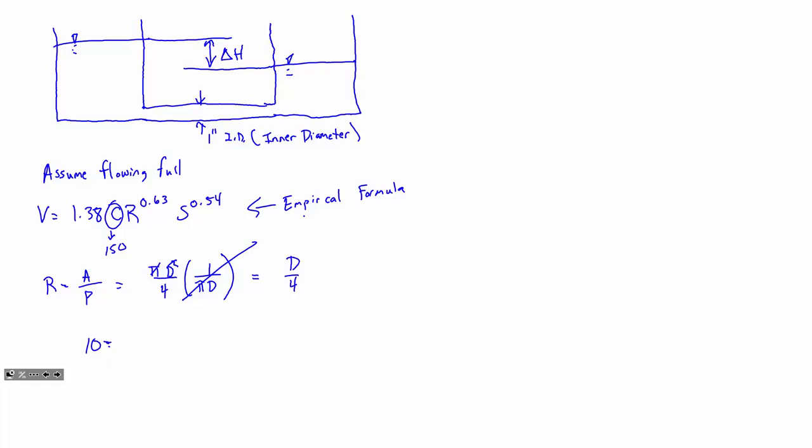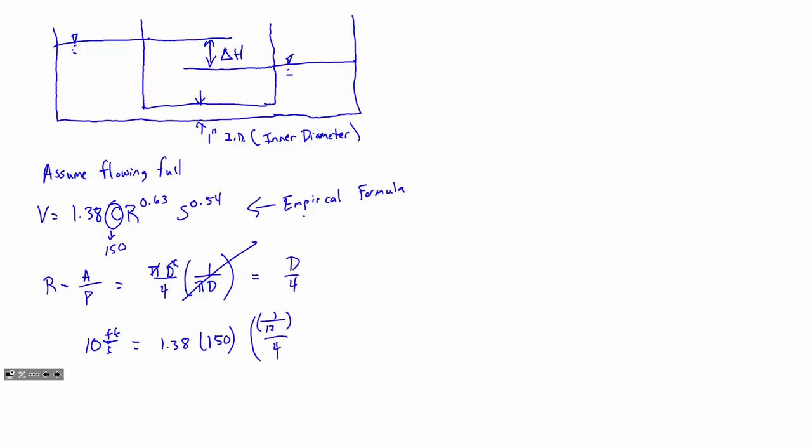Okay? So we can plug back in here to the Hazen-Williams equation. We say that 10 feet per second, our velocity, is going to be equal to 1.38 times that coefficient C, 150, times 1 over 12. Again, here we got to convert from inches to feet, divided by 4.